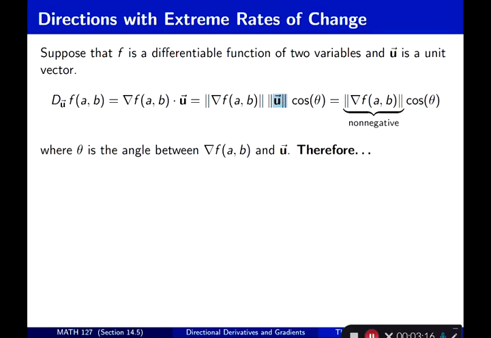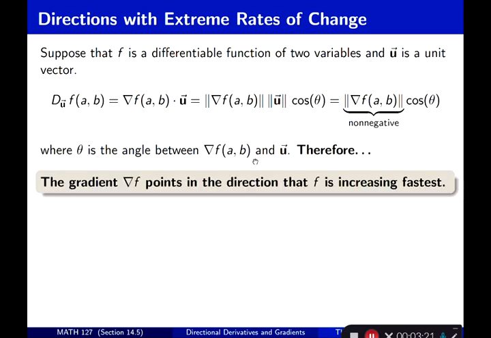That means the fastest increase and fastest decrease happen in two directions: one is the direction of the gradient, the other is the opposite direction of the gradient.